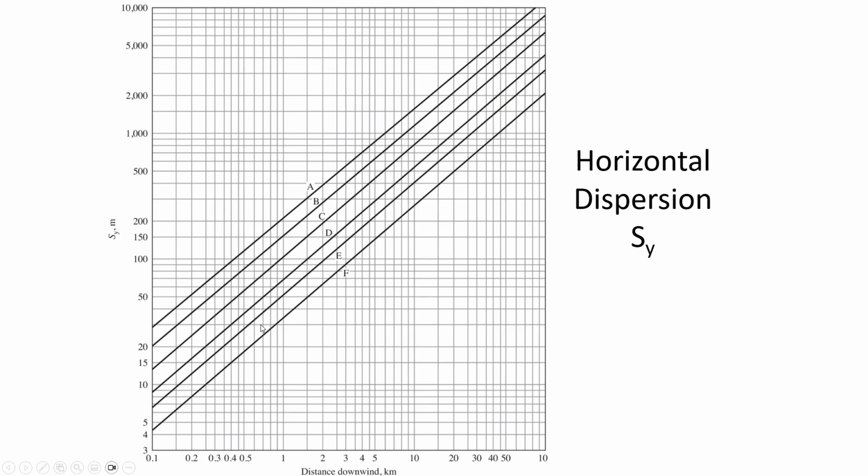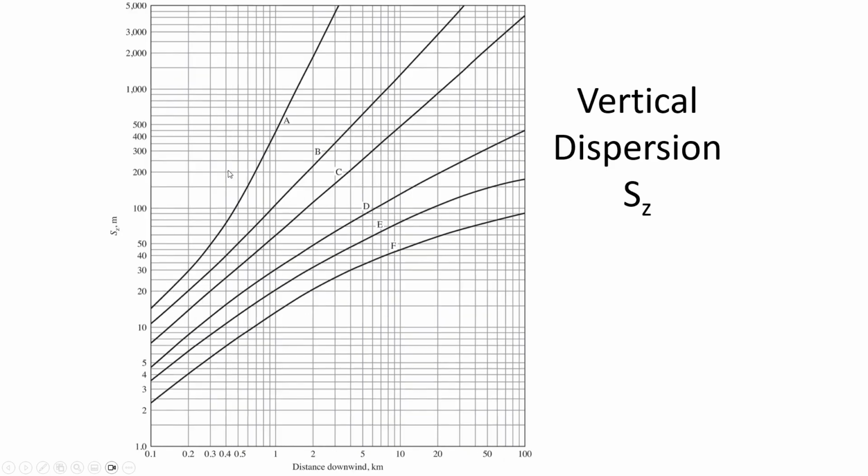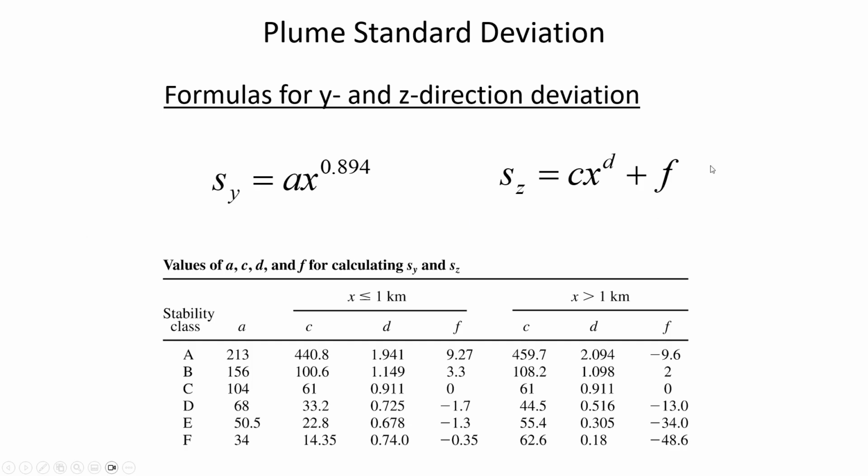Once you know the stability category, you either go to this figure to look up S sub Y and S sub Z, or there's equations. I think in the homework I ask you to use these equations rather than the figures. It's a little bit more precise. These are the coefficients that those figures are built from. It's just a regression equation that relates the dispersion with the distance.